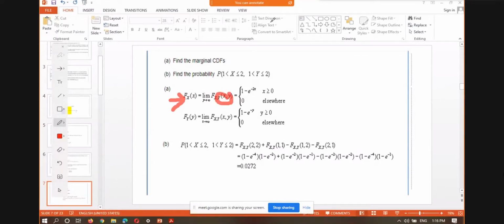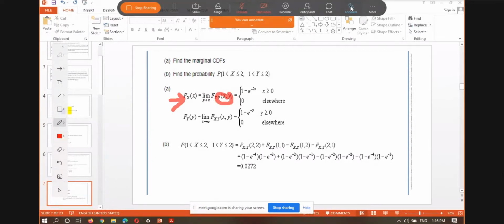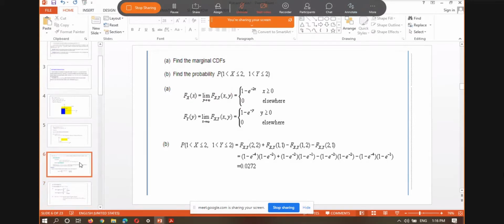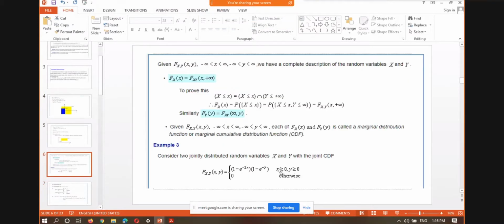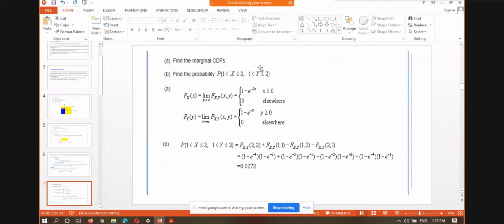And you can see in the previous slide, this is the joint distribution function of x and y. If I make y go towards plus infinity, then e raised to the power minus infinity is 0 and then it becomes 1. So 1 into e raised to the power minus 2x. So you are getting this one.